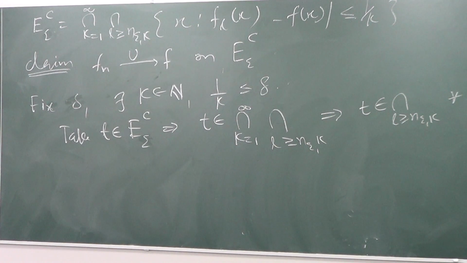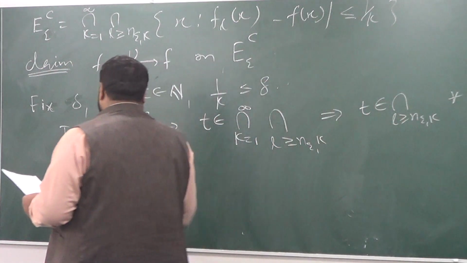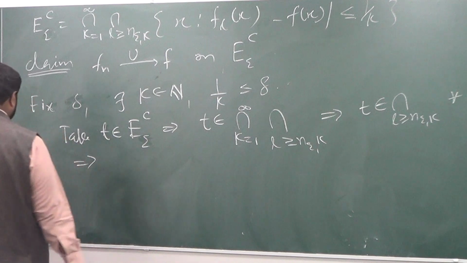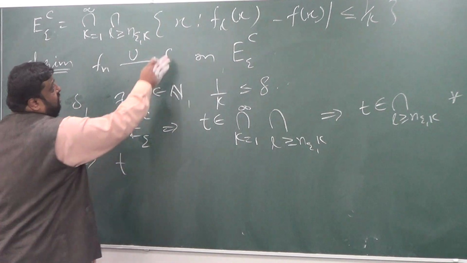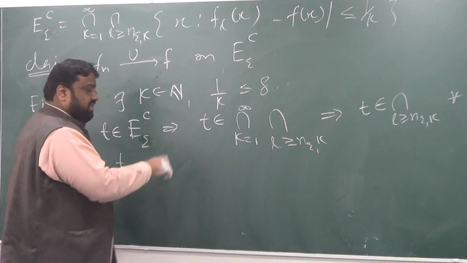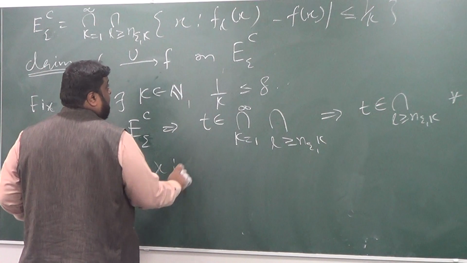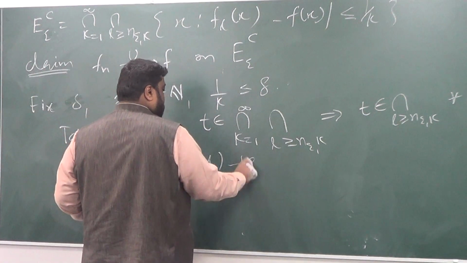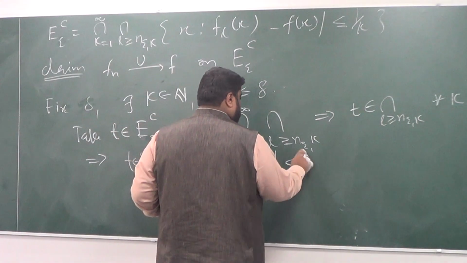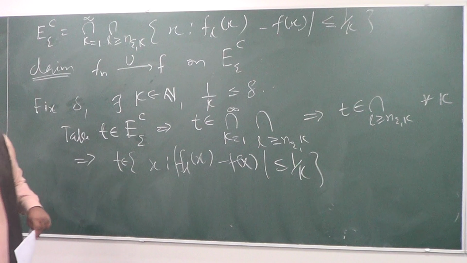And this means that t belongs, in particular, to the set of x such that f_L of x minus f of x is less than or equal to 1 over k. You have to be very careful.